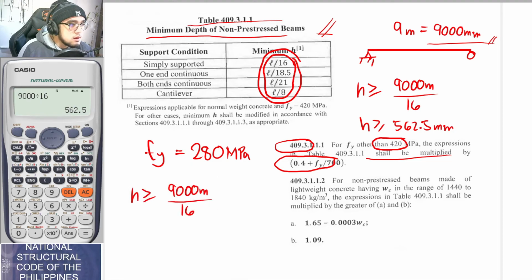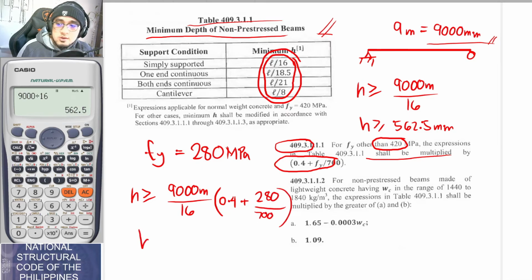In this particular equation, let's say the Fy you will be using is 280 megapascals. What you will do is multiply this by 0.4 plus Fy, and our Fy is 280, so 280 megapascals divided by 700.